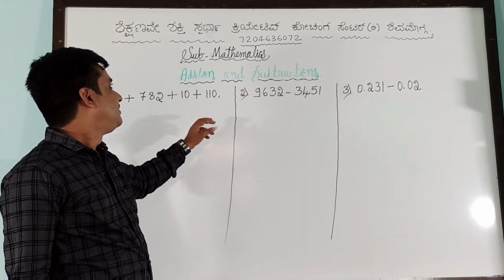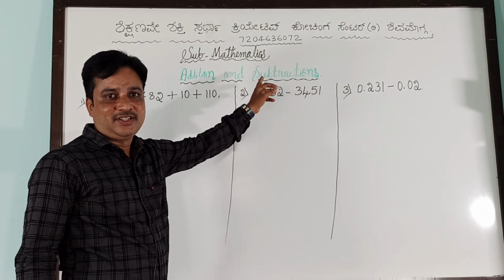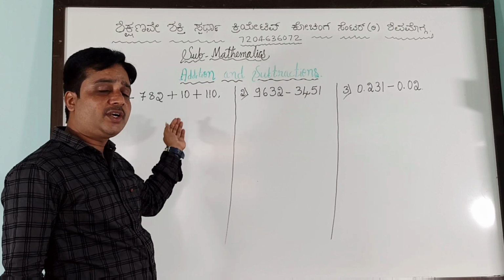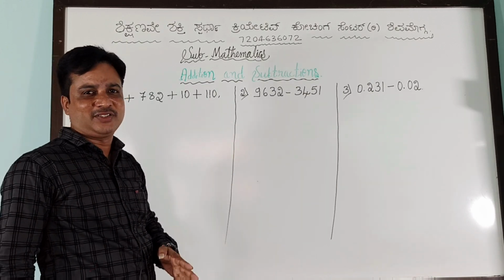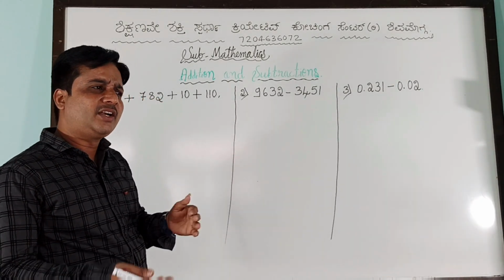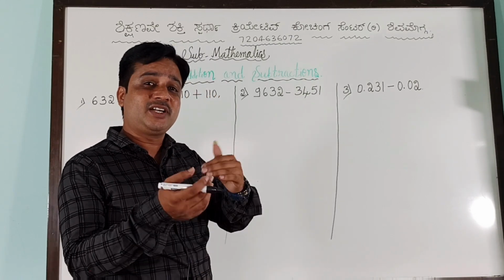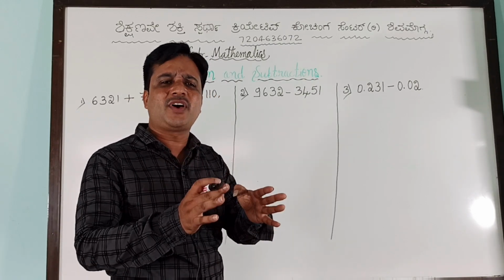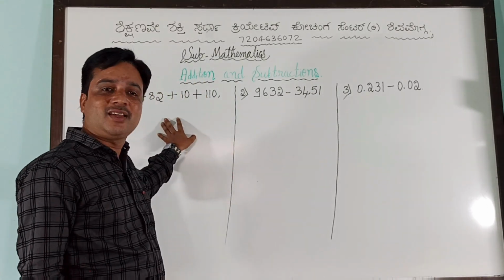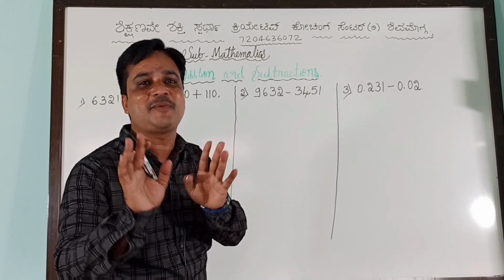Now let's see the problems based on addition and subtraction. Before writing the question, according to their place we have to write it. That's very important in this concept. Decimal addition, decimal subtraction, decimal multiplication, decimal division are very easy for us, but while we are writing the numbers according to their place, we must write them properly.